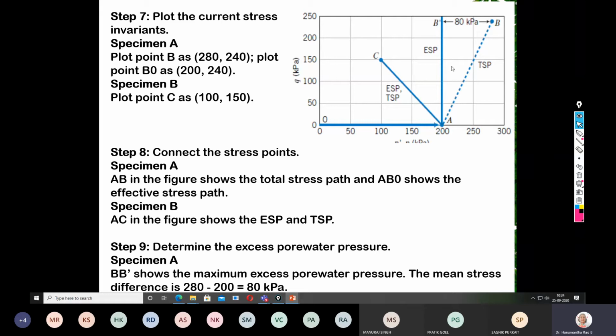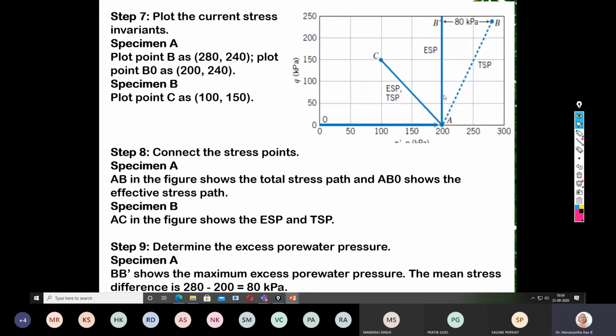In specimen A, we could draw only the total stress path, and if you deduct the increase in pore water pressure, or if you draw a straight line from point A, that becomes the effective stress path. Here in the statement of the sum it has been said that the soil follows linear behavior.